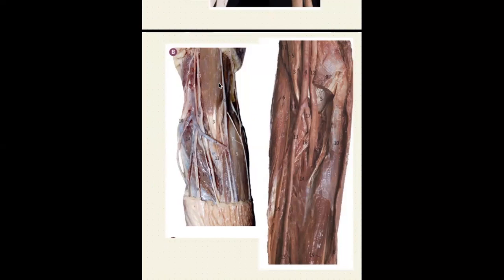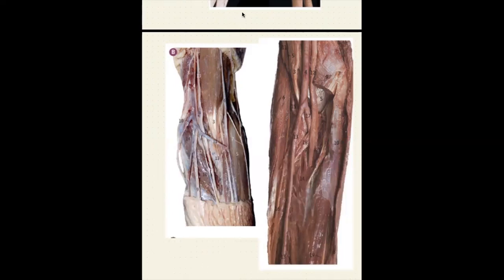Guys, you will have to be very habituated with the cadaveric pictures or dissection, because they can ask you anything. This is all flexor carpi ulnaris. Flexor carpi ulnaris, exactly. FDS. So that is flexor digitorum superficialis. Number 10 is the flexor digitorum superficialis.